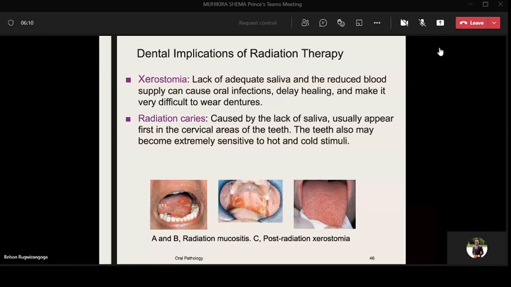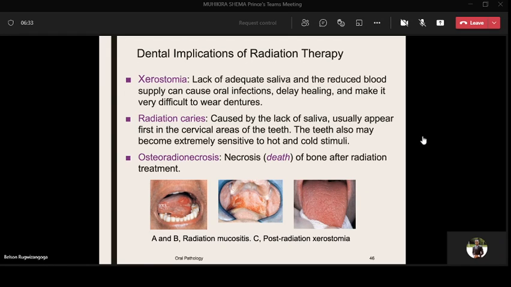Another is radiation caries, because there will be no saliva. It usually appears facing the cervical areas of the teeth. The teeth also may become extremely sensitive to hot and cold stimuli. This is what we call radiation caries.